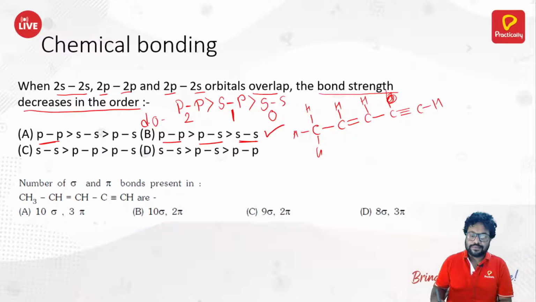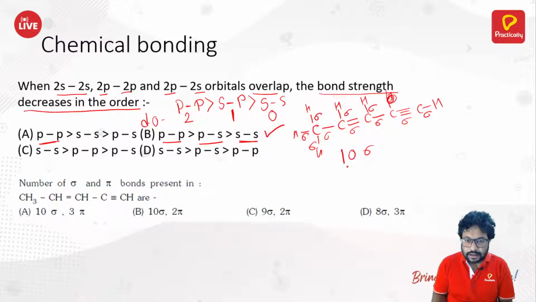That is how it is. Let's see how many sigma bonds there are. This is sigma, sigma, sigma, sigma, sigma, sigma, sigma, sigma, this also sigma, this also sigma. Let's count: 1 2 3 4 5 6 7 8 9 10. There are 10 sigma, right?